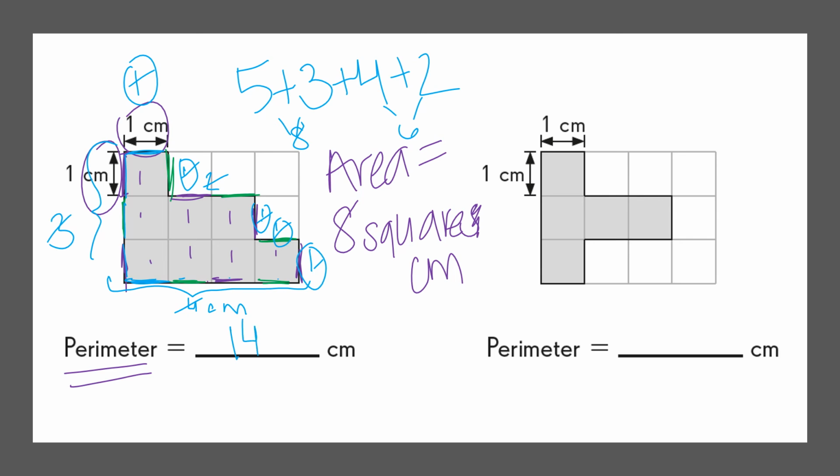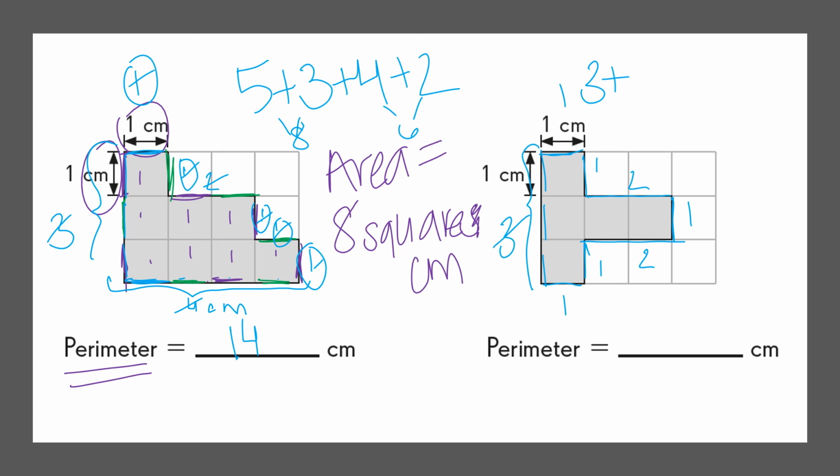All right, let's try that again. So over here, I have 1, 2, 3 centimeters in length. Across the bottom here, I have 1. Up the side, 1. This way I have 2. There's 1 here. Sometimes it helps me to actually put these lines on here so I see that I've covered it. All right, so I have 3 right here, plus 1, plus 1, plus 2.